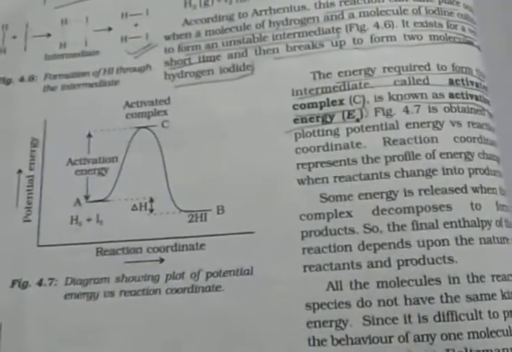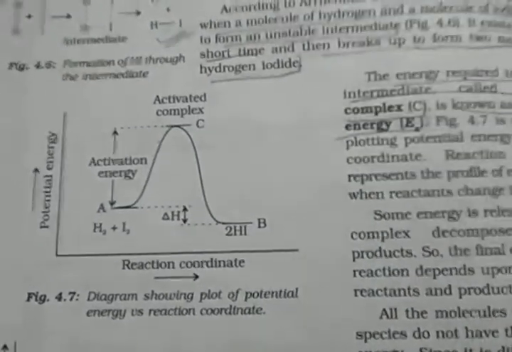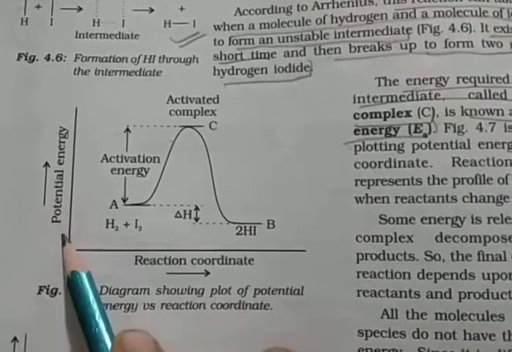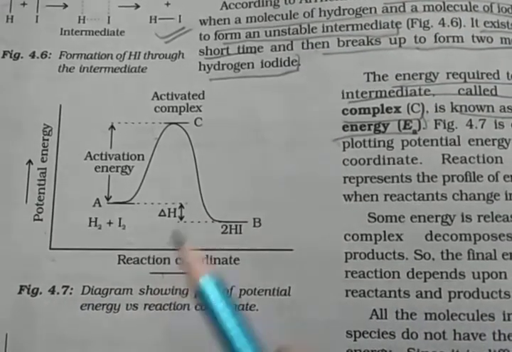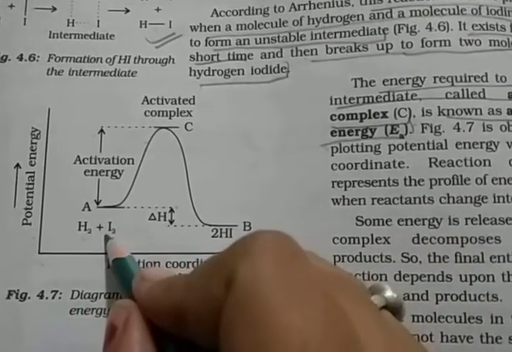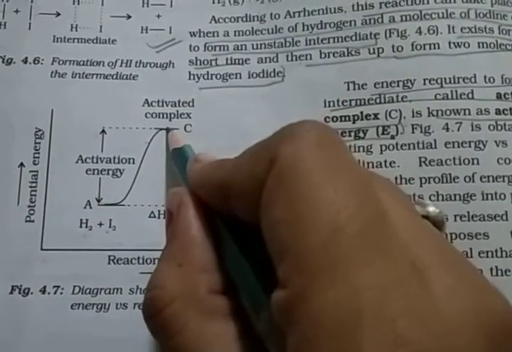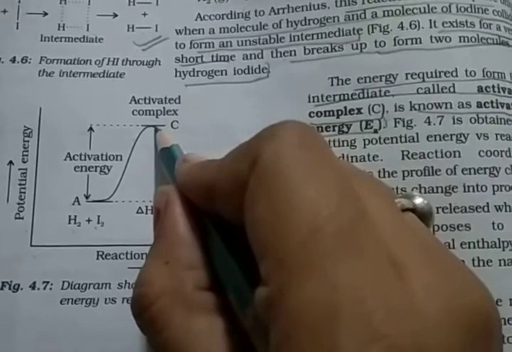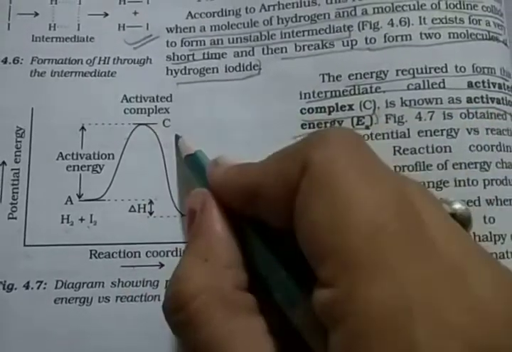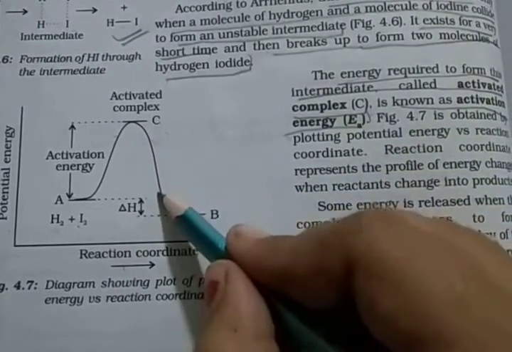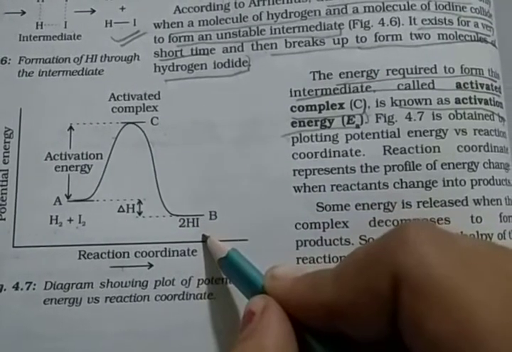See this graph, plotted between potential energy and reaction coordinate. Here you see H2 plus I2. The activation energy is required for formation of the intermediate known as the activated complex C. Then the bond breaks and converts into the product HI.